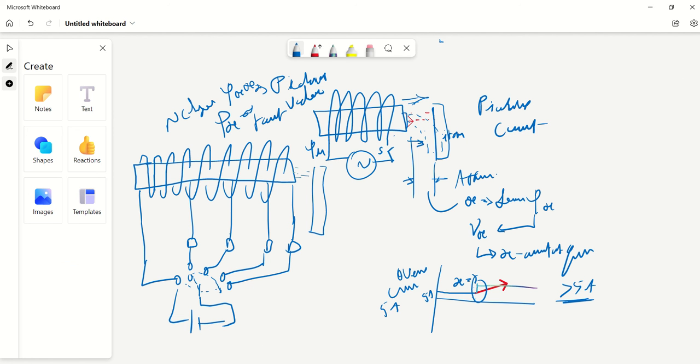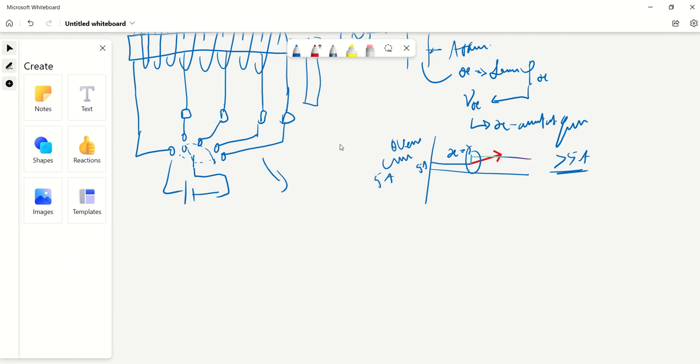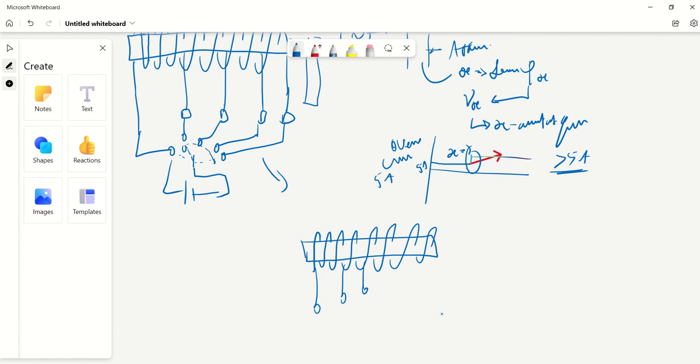Suppose the overload current is obtained here. Assume the relay already has many turns, and we take tappings from the relay coil. This is one point, this is another point, and again another point we take.